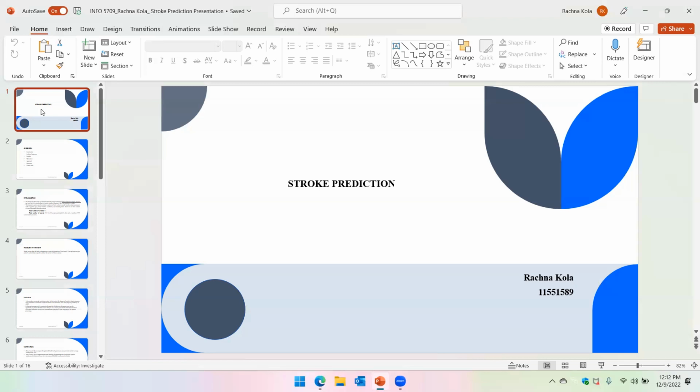For hypertension, subjects previously diagnosed with hypertension have a high risk of having a stroke. For heart diseases, subjects previously diagnosed with heart diseases also have high chances of getting a stroke.